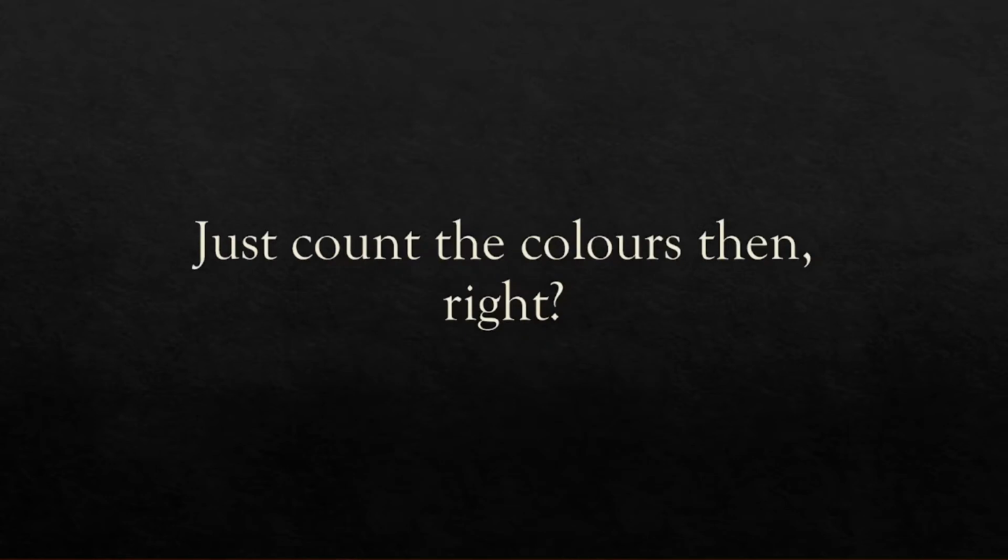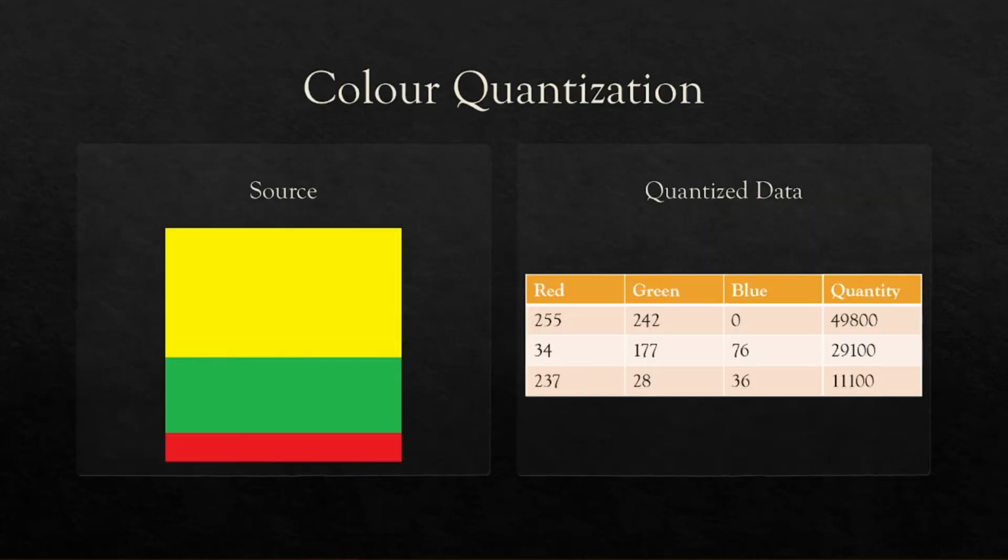So how are we going to quantize our color data then? As we saw previously, we just need to make a list of all the colors in the image. In fact, counting the number of occurrences, while potentially useful later on in determining how common a color is, isn't even needed for our purpose.